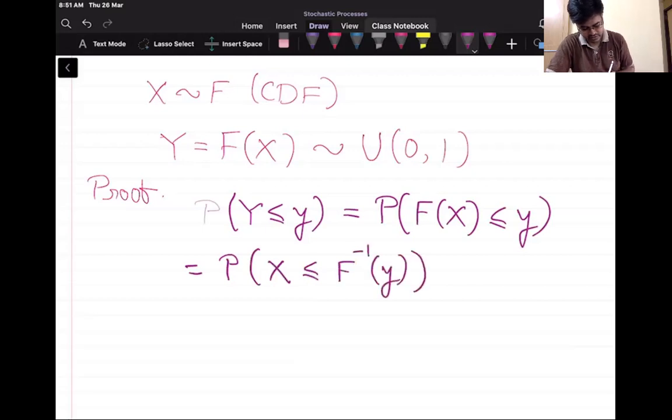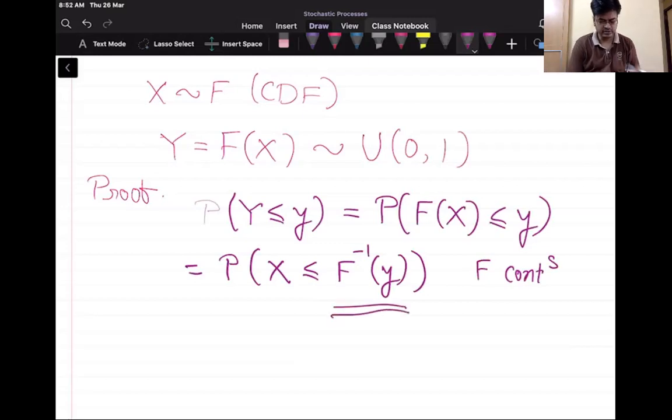To do this, I need F to be continuous. If F is discrete, this point is not uniquely defined. As you know from our quantile functions, this quantile is not uniquely defined. Therefore, I need this. And if I can do this, then this is equal to F_X of F inverse of y.